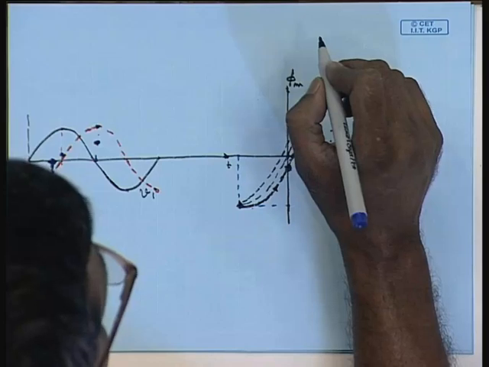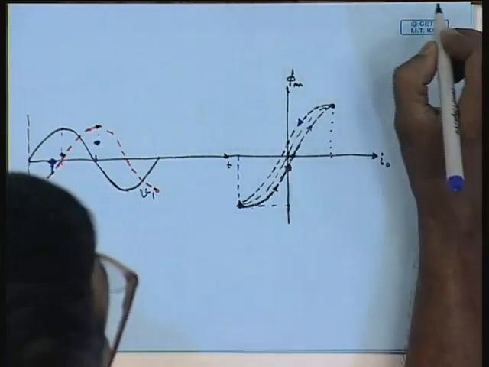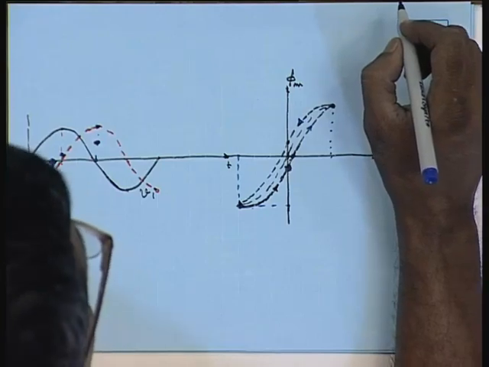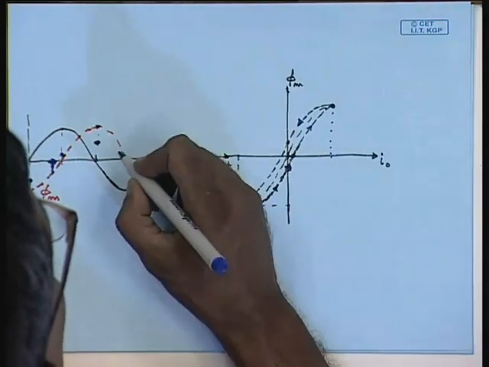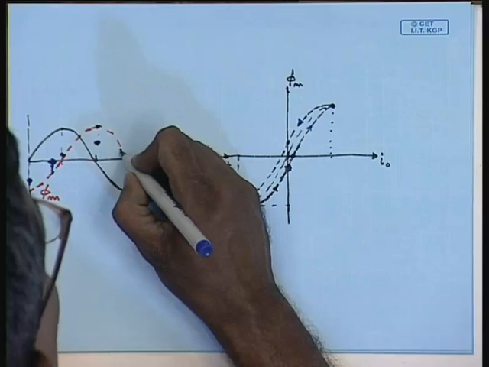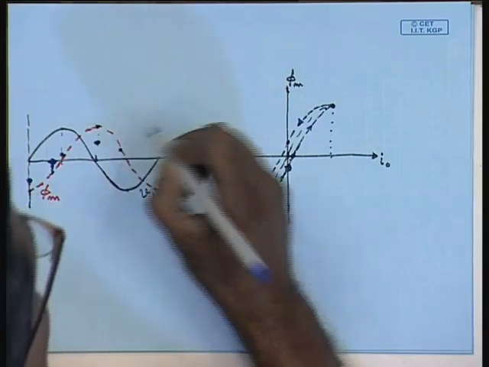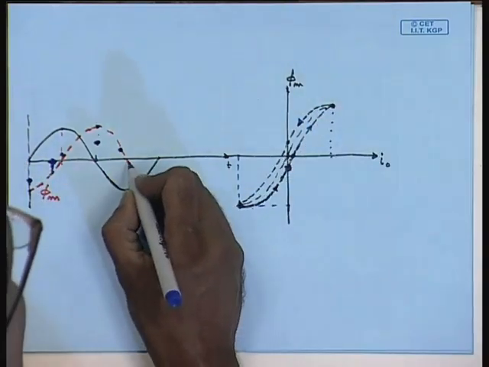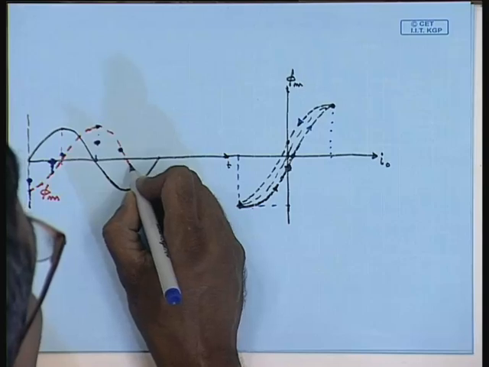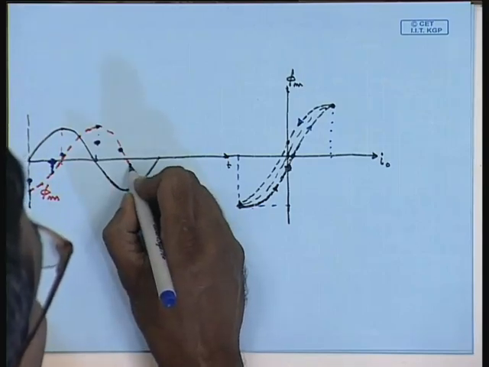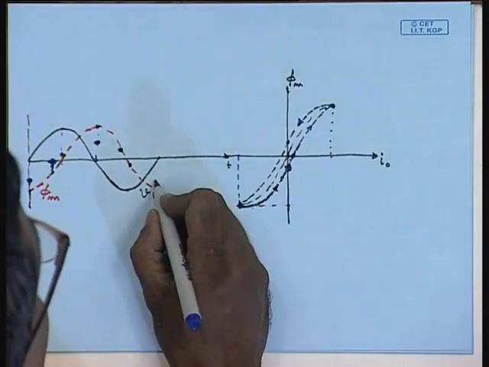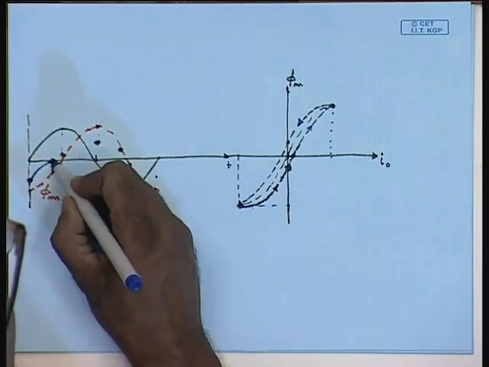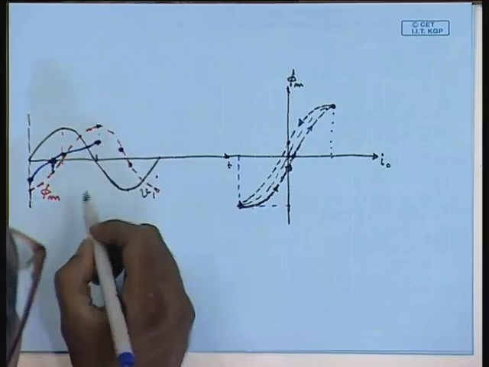So, we see that when the current becomes 0, the flux still has some positive value. Therefore, the corresponding point here will be this, and when the flux becomes 0, the current has already become negative. And here it is again negative peak. Therefore, the current waveform will look somewhat like this.